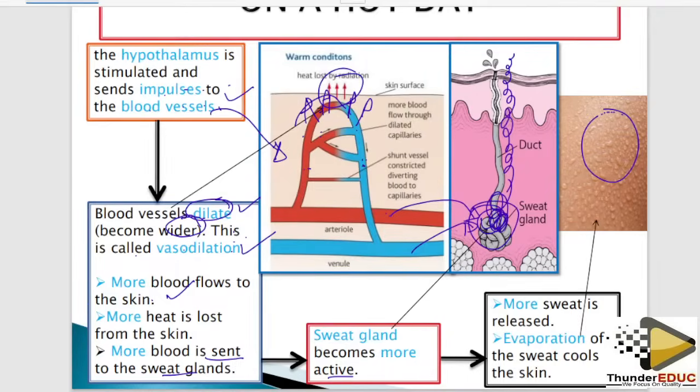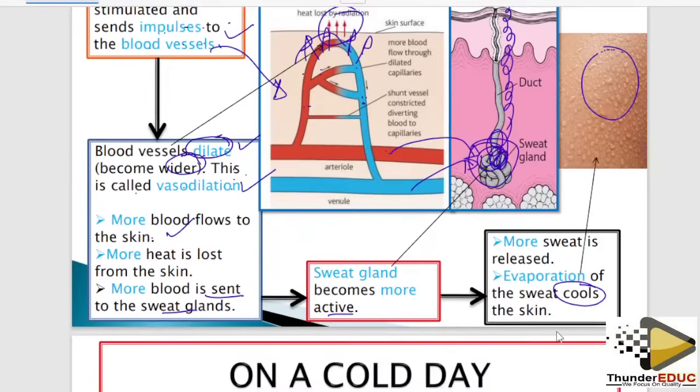For evaporation to take place, you require heat to evaporate this water. And as evaporation is taking place, it leads to the cooling of the skin and the body. So evaporation of the sweat cools the skin. That's the meaning.